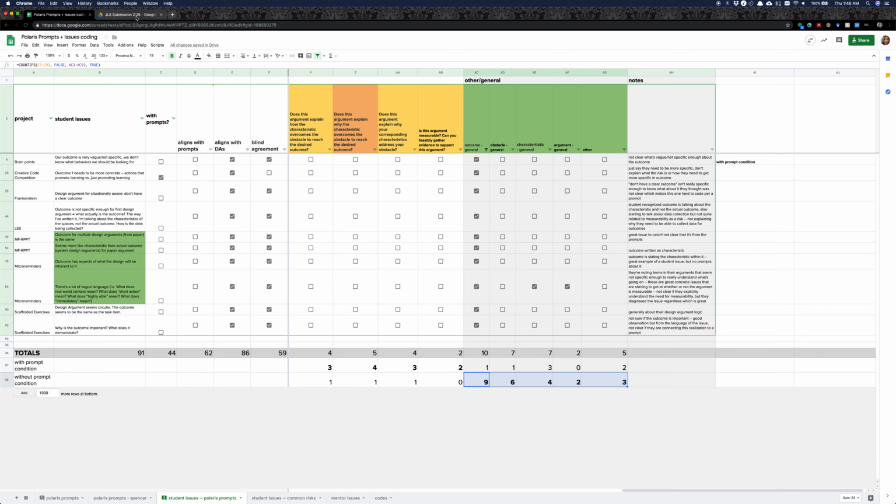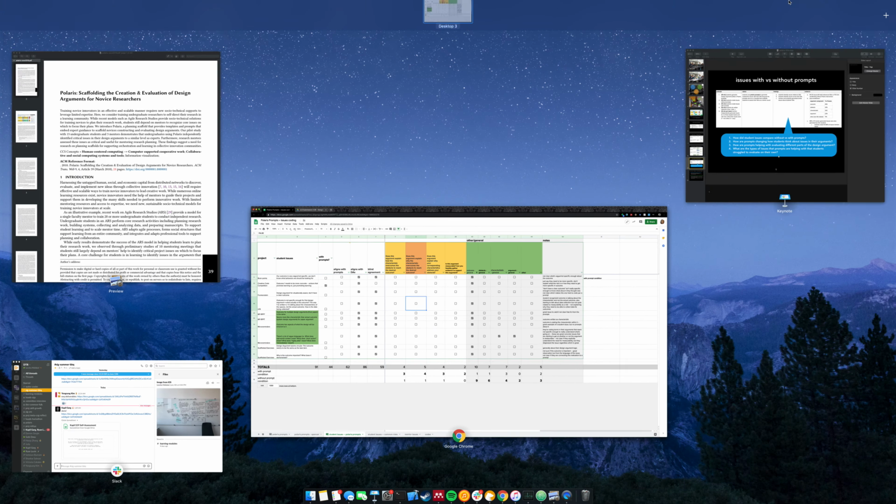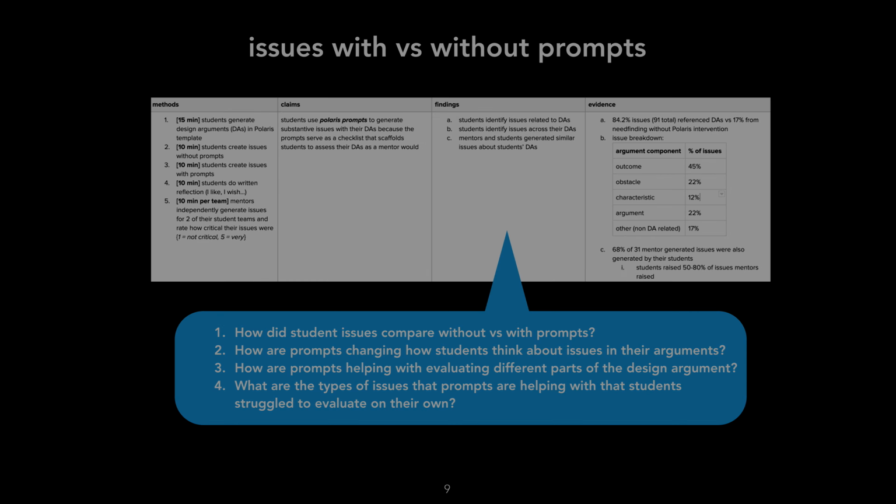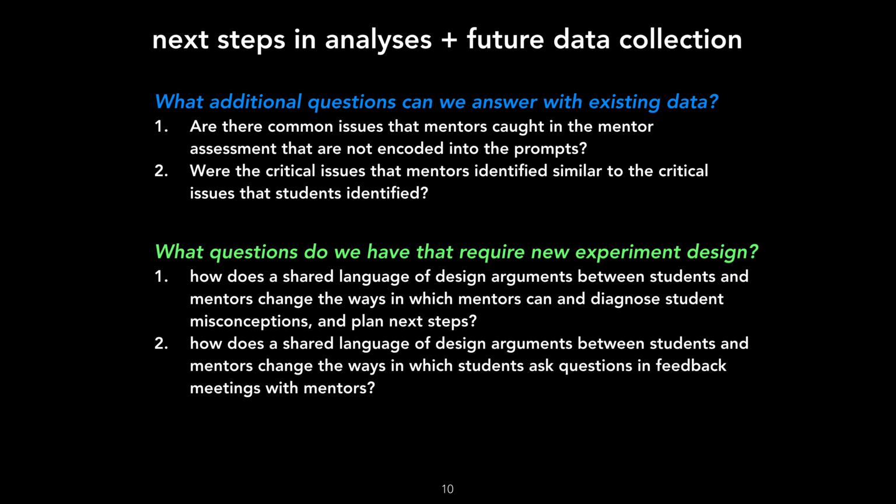In terms of next steps with the project, as I mentioned before, there are two phases that we could think about. The first is the additional questions that we might be able to answer, that we really are curious about, given the existing data.